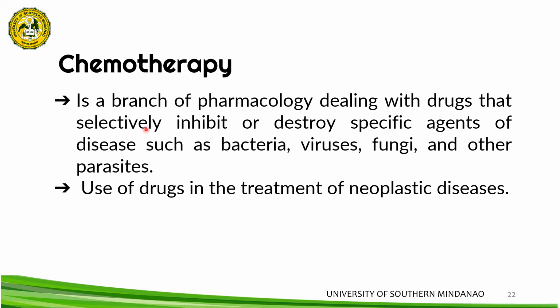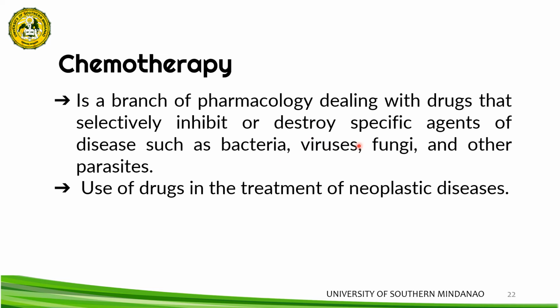So meaning that under chemotherapy, we use a specific type of agent that will selectively inhibit or destroy, for example, bacteria, viruses, fungi, and other types of parasites. So for example, for bacteria, we use antimicrobial or antibacterial agents, and these are only specific for bacterial pathogens or bacterial agents.